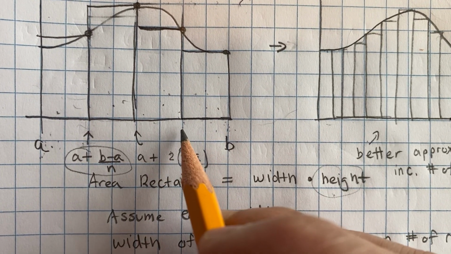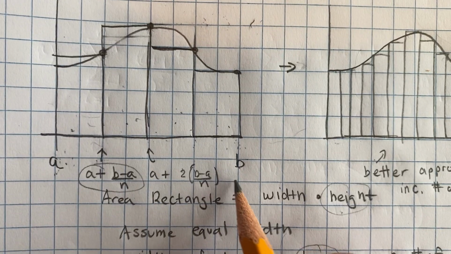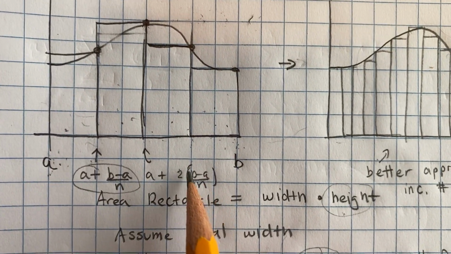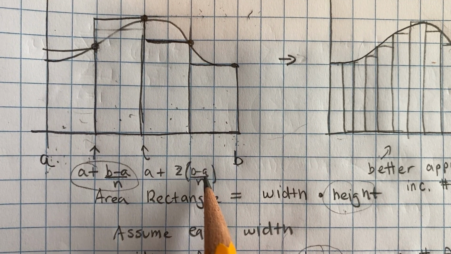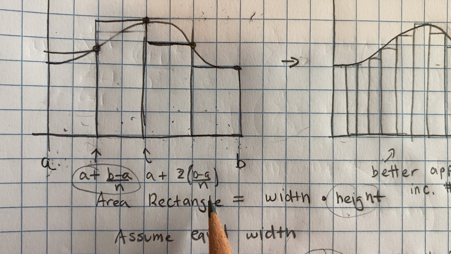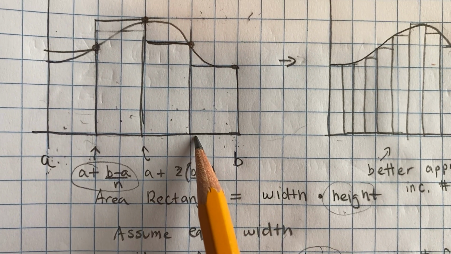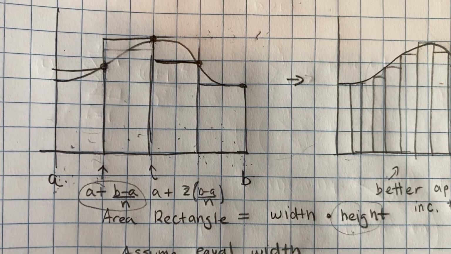And so forth. This would be a plus 3 times b minus a over n. Okay, so that's really the x values. And basically the right side of this guy right here keeps increasing by b minus a over n, right? This would be a plus 3 plus b minus a over n.